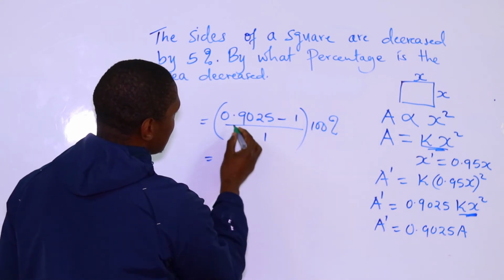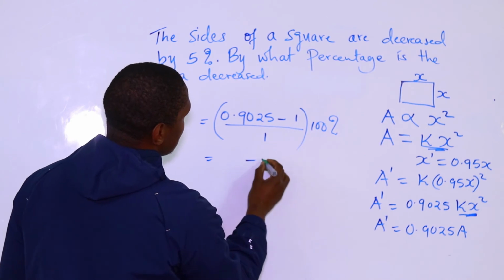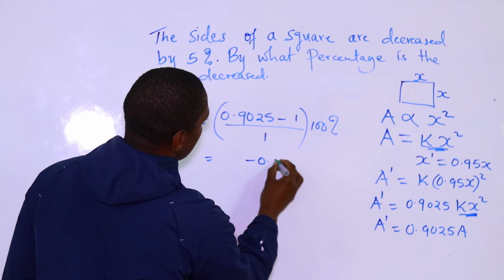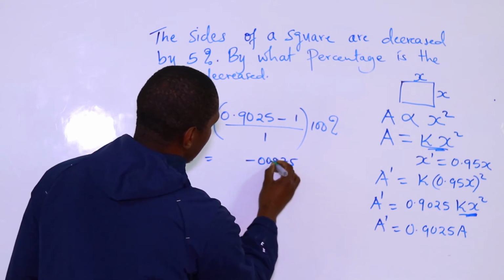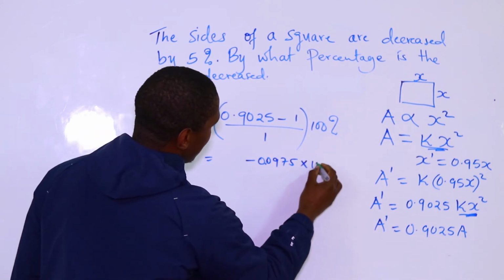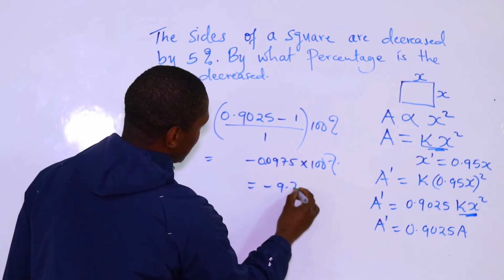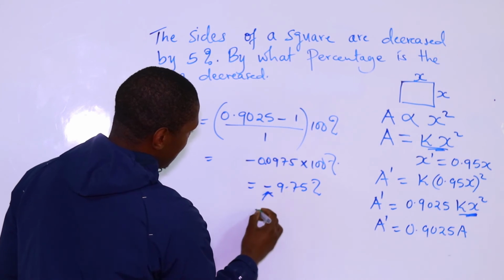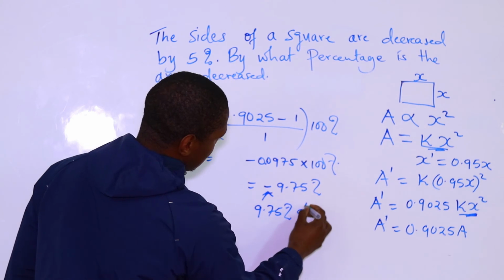And when you calculate this, 0.9025 minus 1, you get negative 0.0975. When you multiply that by 100%, you have negative 9.75%. This negative implies that the area has decreased by 9.75%.